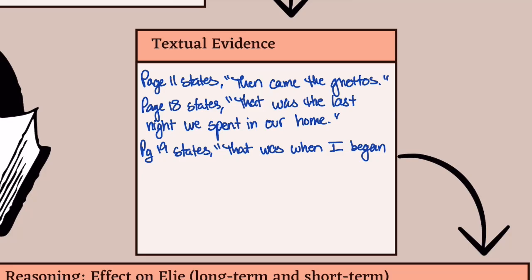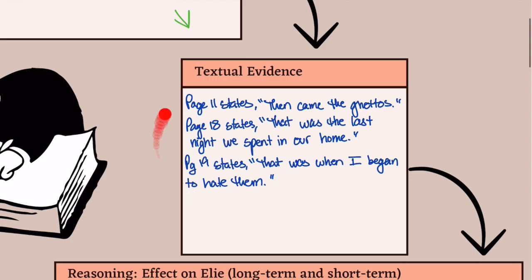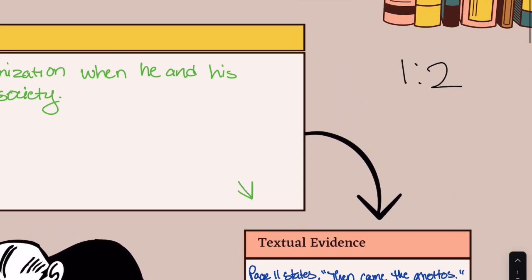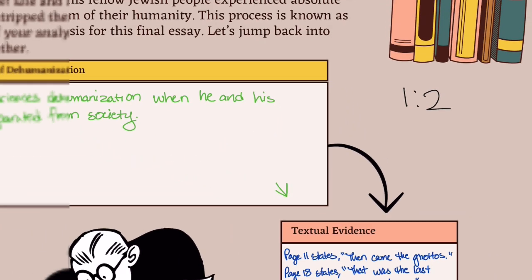And it was because of this dehumanization process, right? So we have three really good pieces of evidence here for this one. I mean, you can use one, you can use all, you can use two. I think all of this evidence really helps support the claim that we made, right?